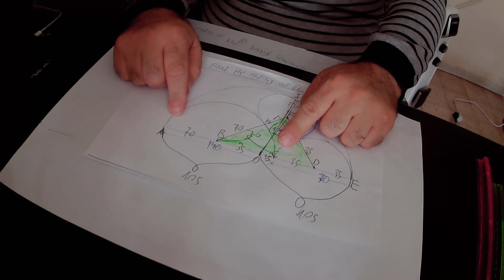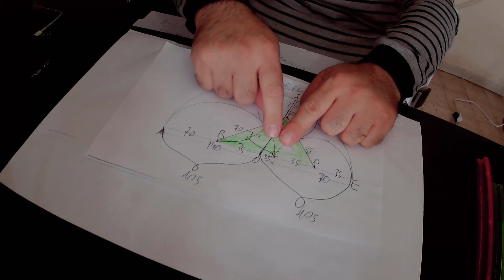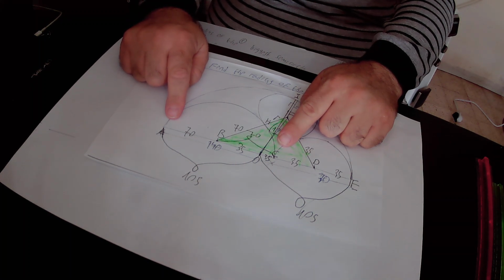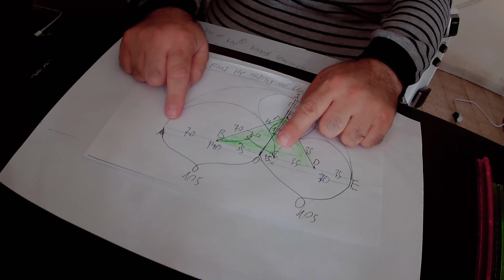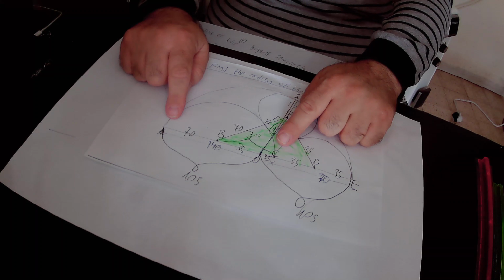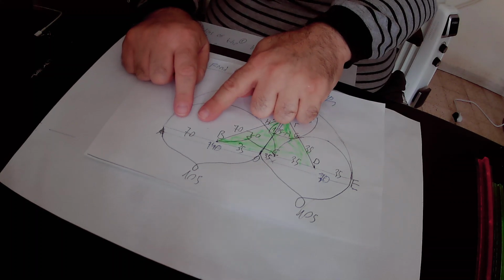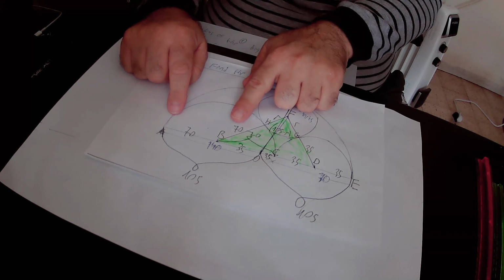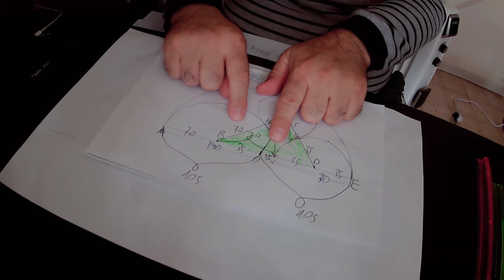Then it is given that AC equals 140 units. AC is the diameter of this semicircle. So if the diameter equals 140, the radius of this semicircle must be half of it, that is 140 over 2, that is 70 units. So the radius AB equals 70 units, and the radius BC also equals 70 units.